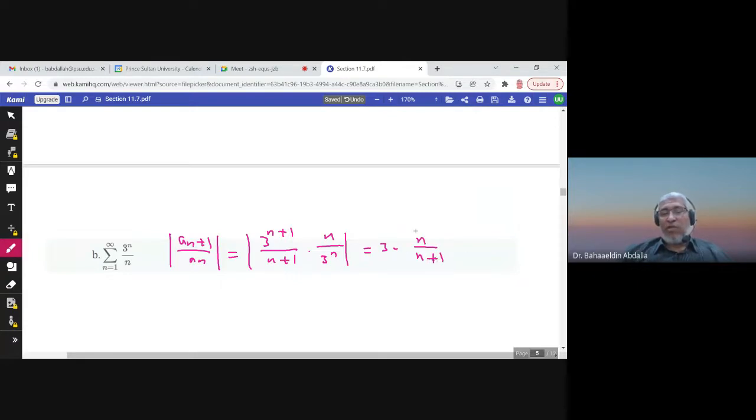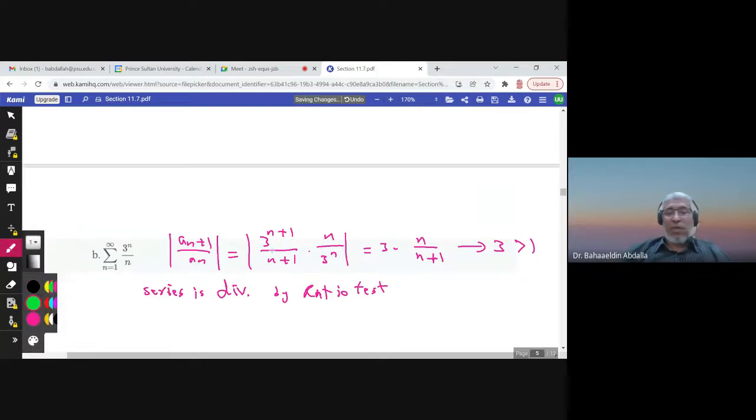And the limit of this when n goes to infinity is 1. So the limit would be 3, and 3 is greater than 1. So the series is divergent by the ratio test. Of course, these cancel and you will have 3 up.